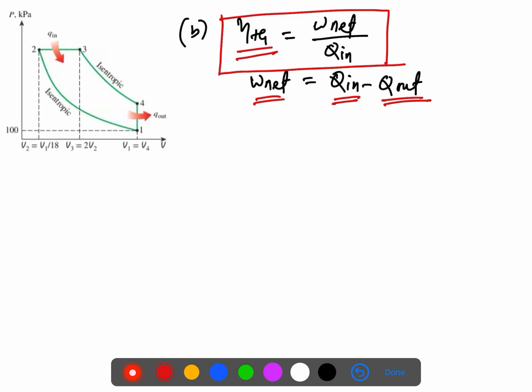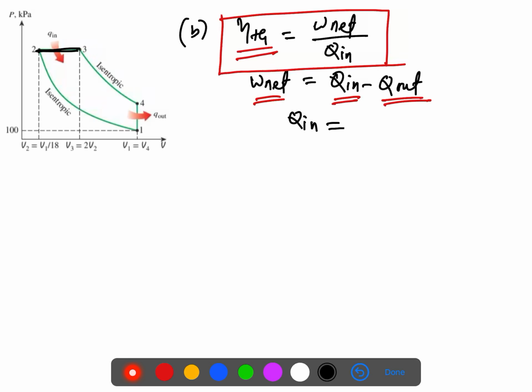Yes. So in this case, we know the formula for heat in. Heat in is happening here, from 2 to 3. We already know the formula, so I'm not writing it again and again. It is due to the enthalpy difference.